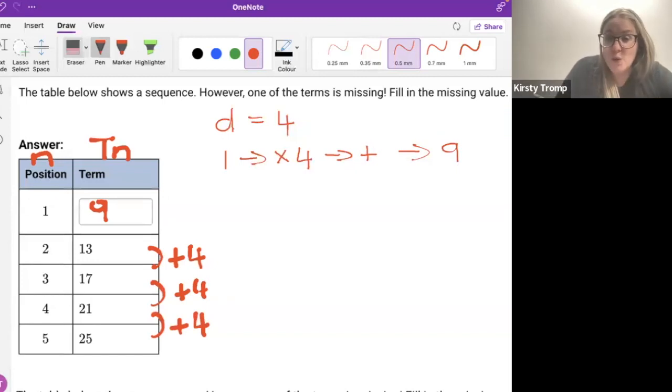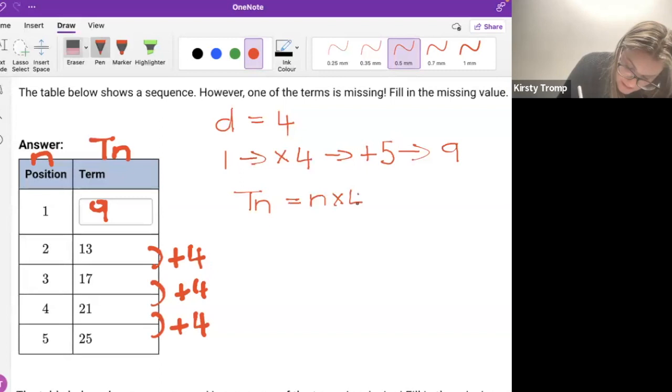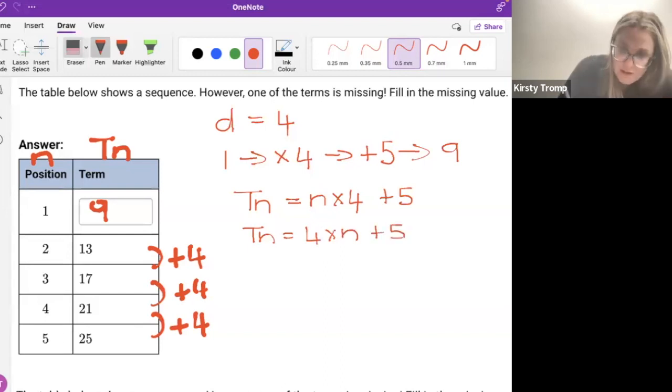So 1 times 4 is 4, and 4 plus what will give me 9? 4 plus 5. So if I'm going to do the rule, I'm going to say Tn is equal to n times 4, or 4 times n plus 5. So I can write it that way, or I can say Tn equals 4 times n plus 5.